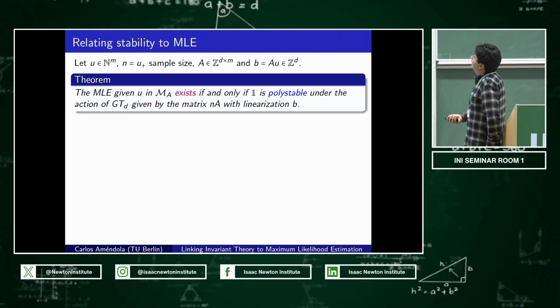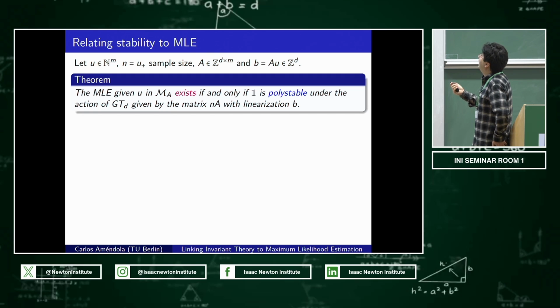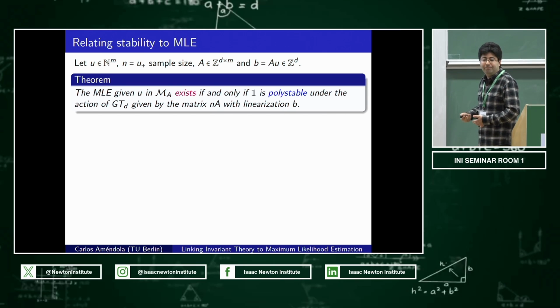It turns out this is the main theorem in this case, the first main theorem, I would say. Consider this U, the vector of counts, and the sample size n, and A, our matrix that defines the log linear model, and B is going to be A times U, what we call the sufficient statistic, that is, the matrix A applied to the vector of counts.